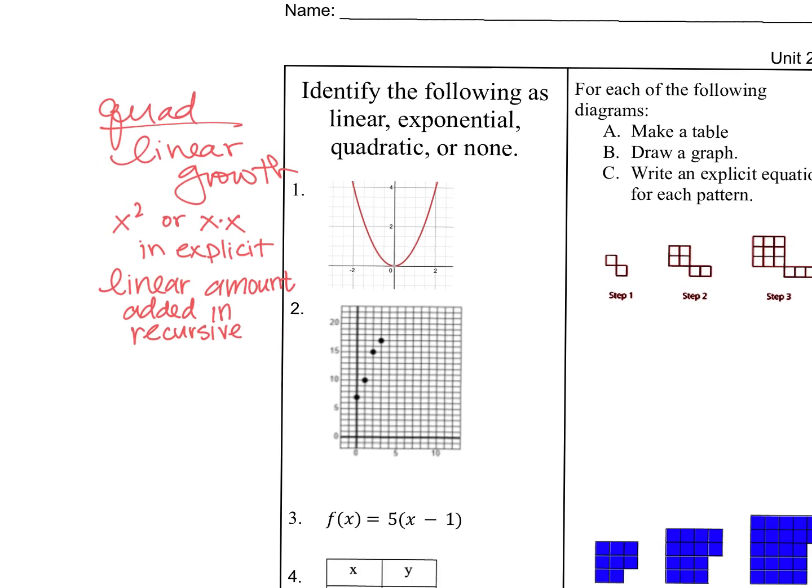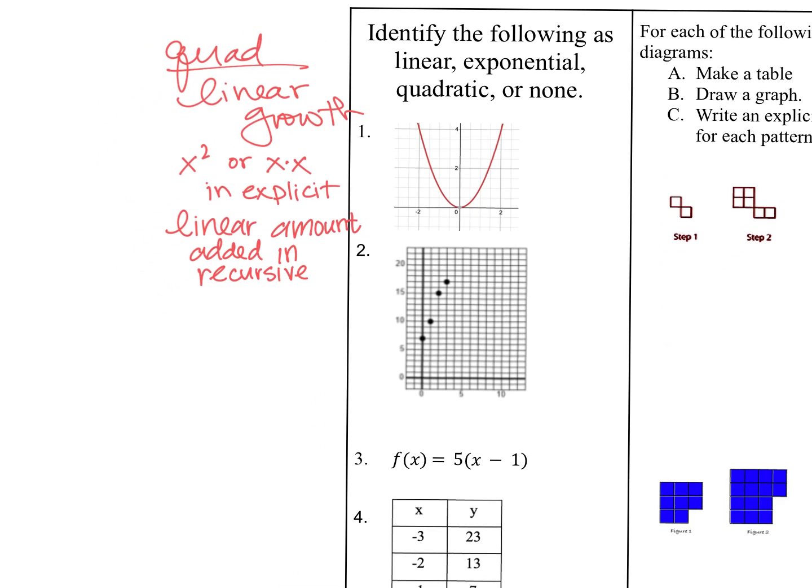So we also have linear that you learned about last year probably, and we've been reviewing this year. Linear has constant growth or a constant difference, which means it's always the same. It adds the same number each time.